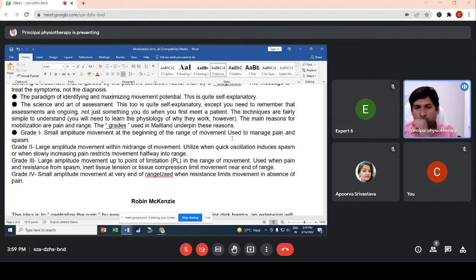Utilized when quick oscillation induces spasm or when slowly increasing pain restricts movement halfway into the range. It means if movement is restricted up to mid range and there is pain, we opt for grade 2.